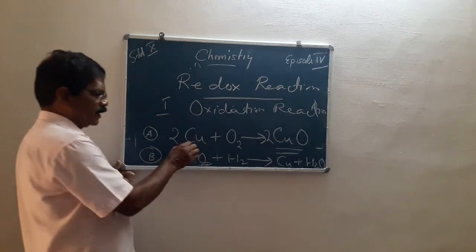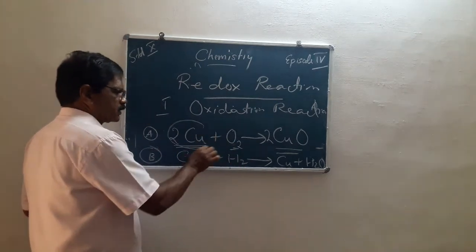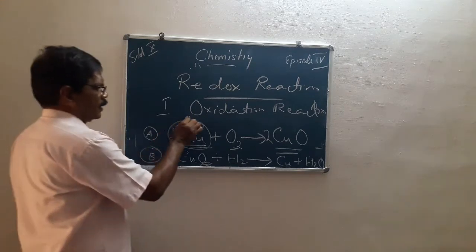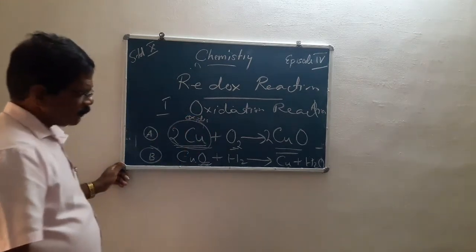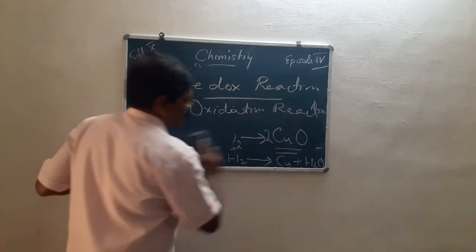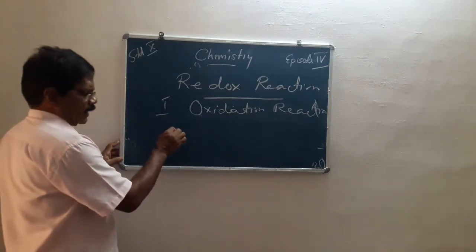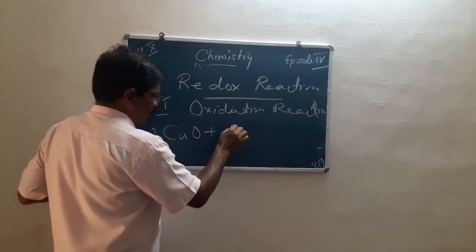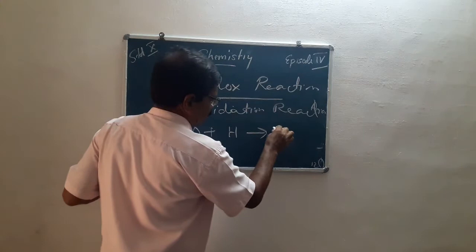In this reaction, copper combines with the oxygen, so copper is oxidized. Please note the difference: when we are writing the oxidation and reduction reactions, you look only at the reactant side.